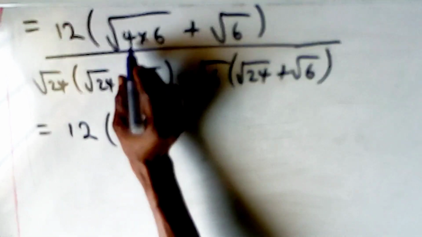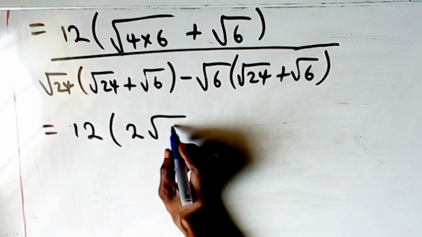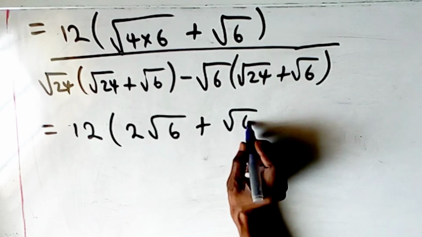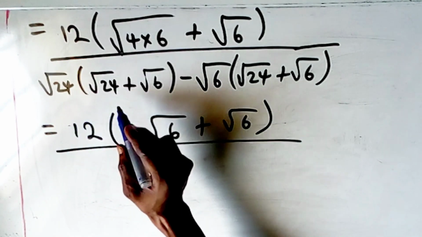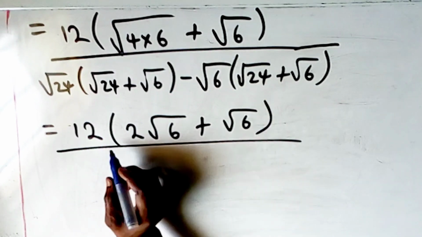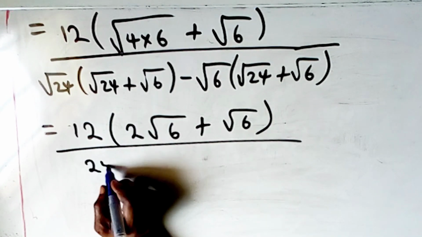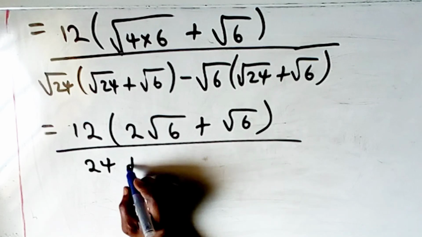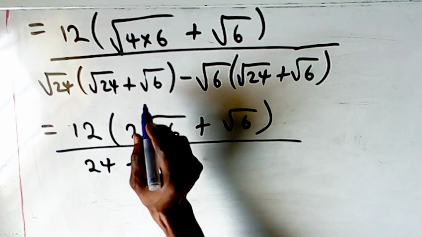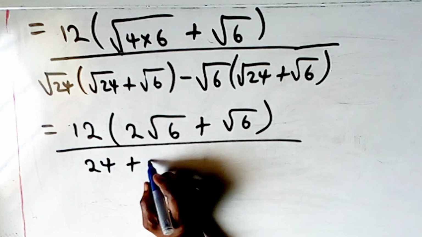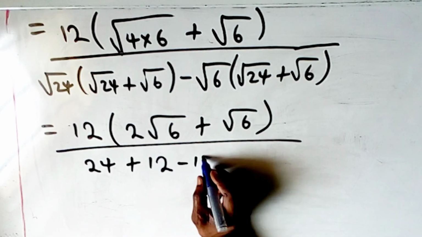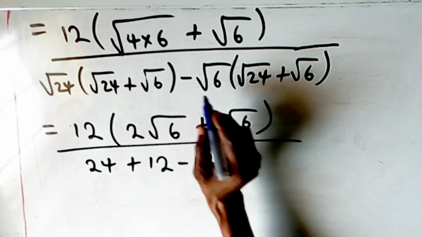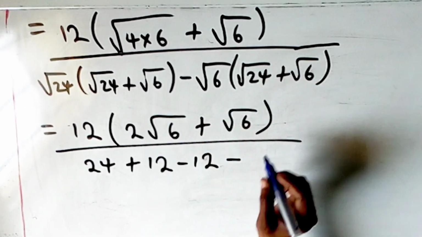So square root of 4 is 2. Then root 6 plus root 6. Then over, when we expanded, root 24 times root 24, that will give us 24. Then root 24 times plus root 6, that will give us 12. Then we did the same thing. That is what you can see on the board.